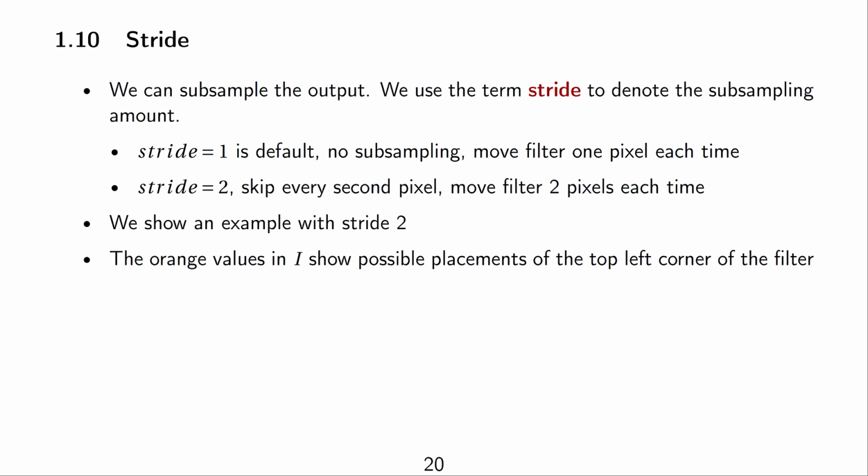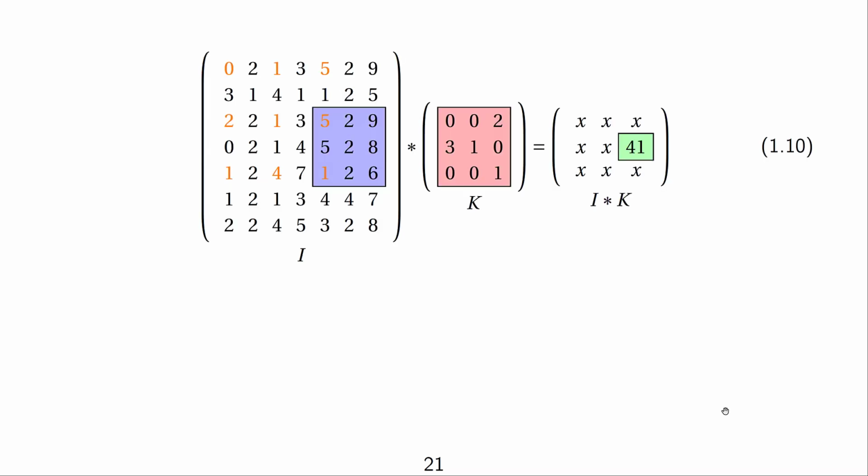So you could think of stride telling you, when you computed one of these inner products between the filter and the image at one particular location, how many pixels to the right, or to the bottom when you're finished with a row, should I move the filter. In the visualization here, you see that the orange values denote the locations where the top left of the filter can be positioned.